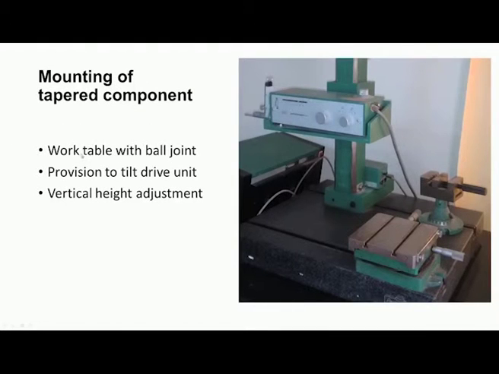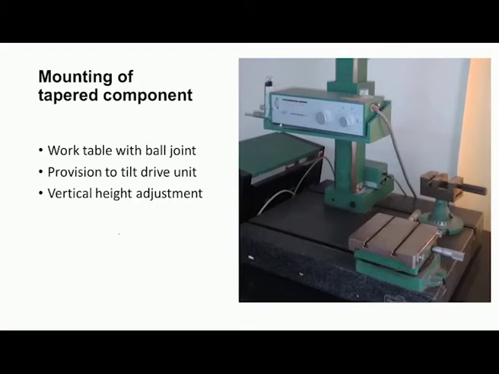You can always use a work table with a ball joint. You can see here a work table with a ball joint. Depending upon the taper, we can change the inclination of this table so that the surface becomes parallel to the stylus movement or the probe movement.